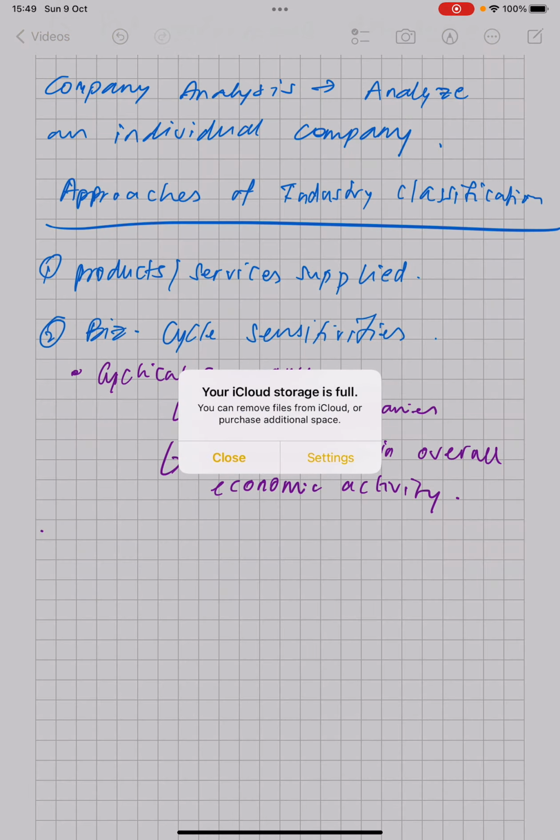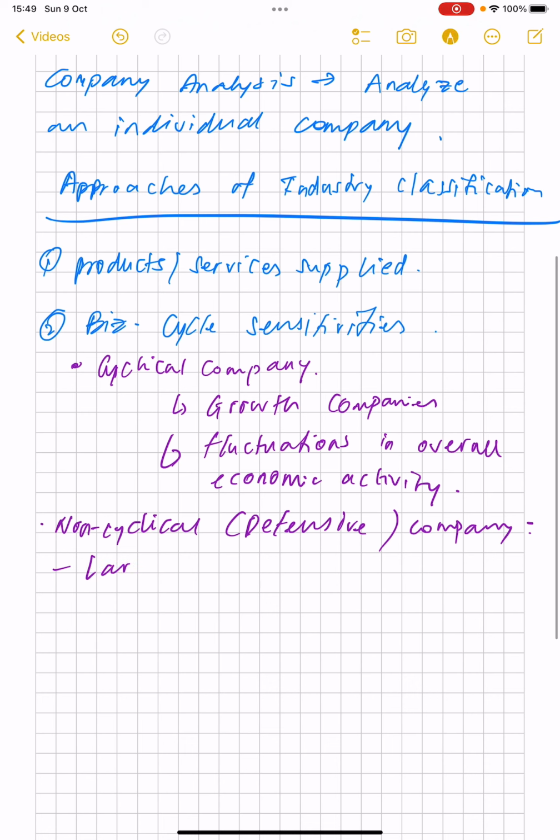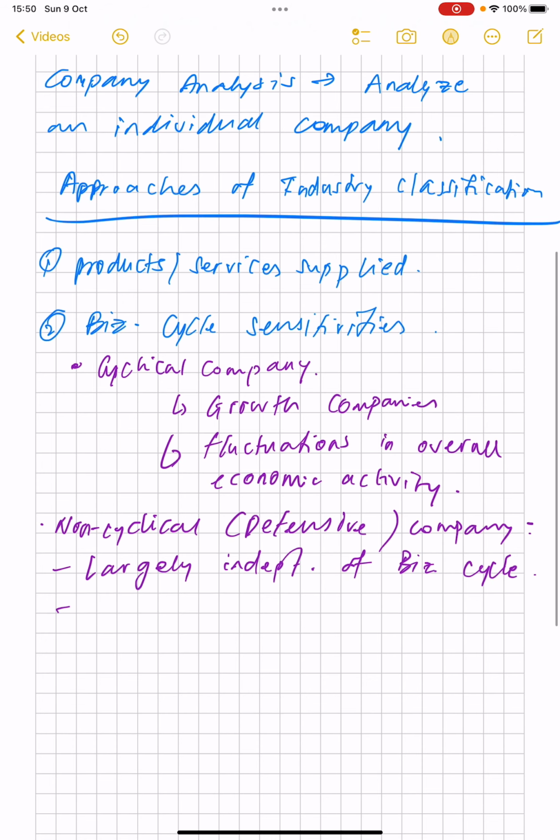And next we talk of the non-cyclical, also known as the defensive company. So it's largely independent of the business cycle. Least affected by fluctuations in the economic activity.